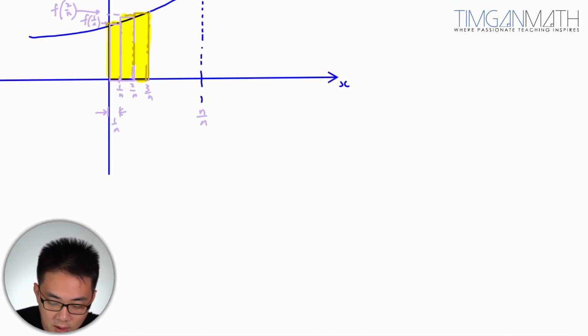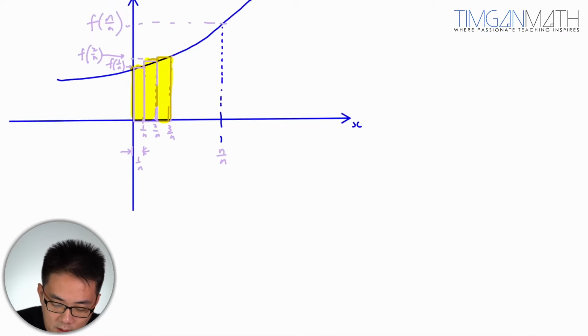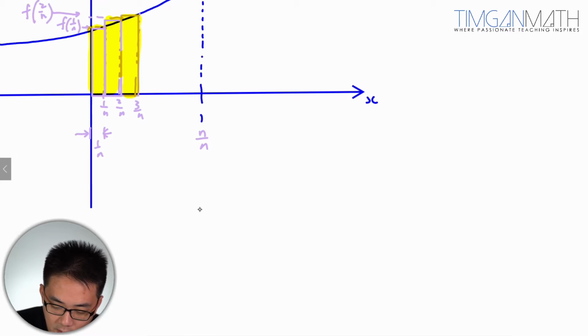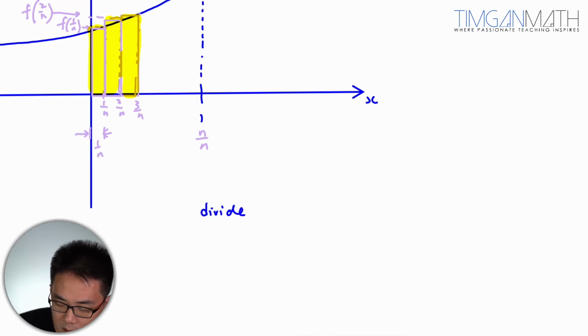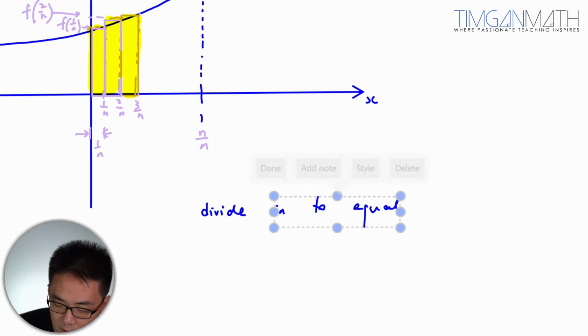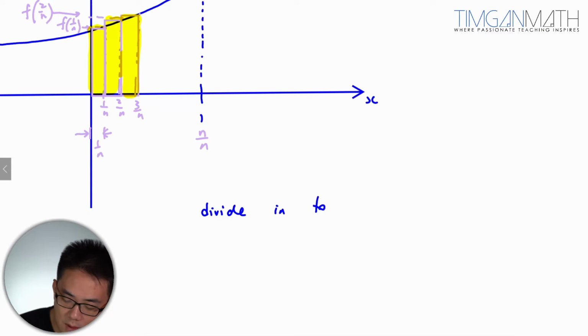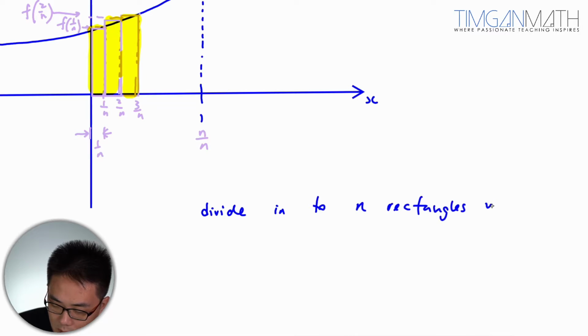So essentially, we divide the interval into n equal rectangles with the same width.